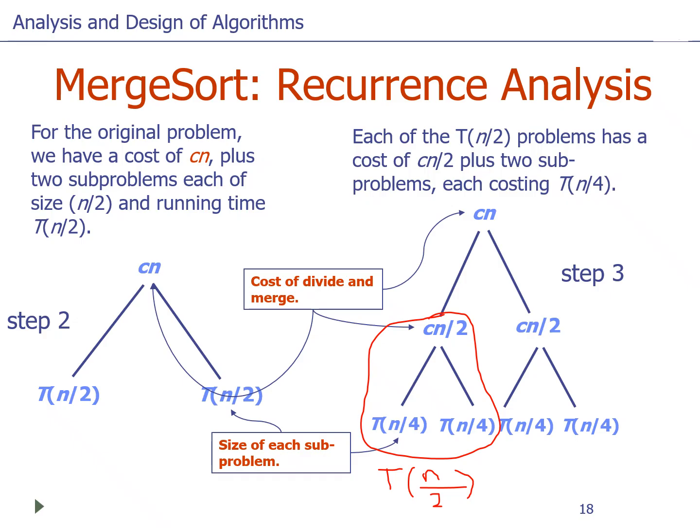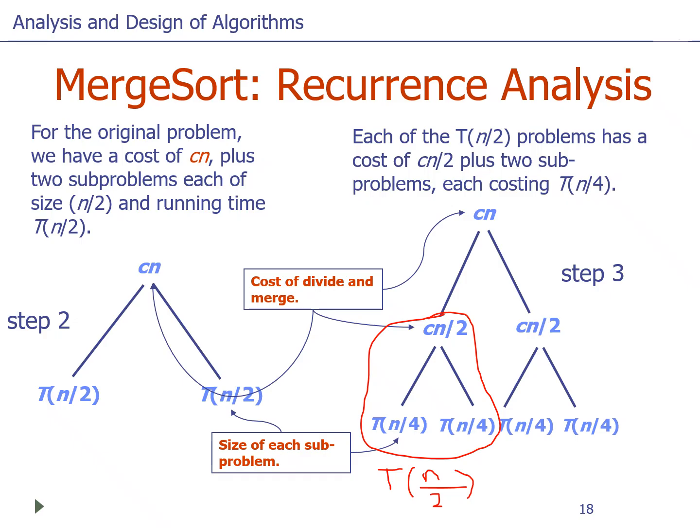When you substitute n by 2 into the recurrence in the previous slide, you will get 2T(n/4), because I was already dividing by 2, so now it's going to be 4. And plus it was theta of n, now it's going to be theta of n/2. So I'm just going to take all of that equation and plug it in instead of T(n/2). And I'm going to do that to the left side and the right side.